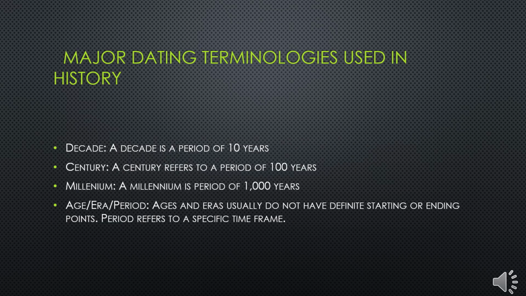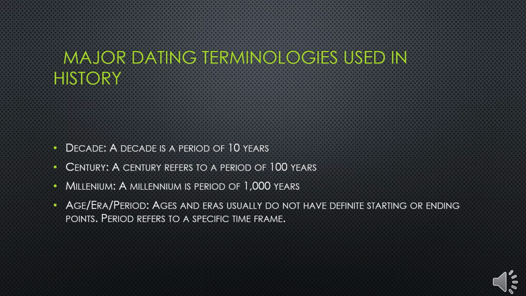Then we come to decade. A decade simply means a period of 10 years. And then we have century. A century refers to a period of 100 years. That is decade, and we talk of maybe the 1930s was a decade of economic depression in many parts of the world.